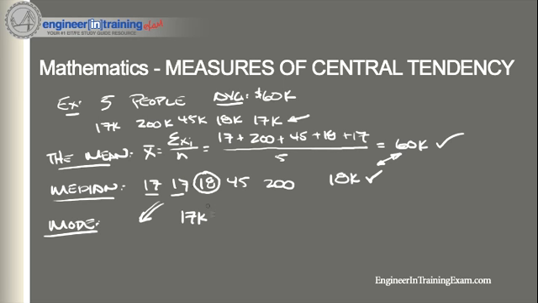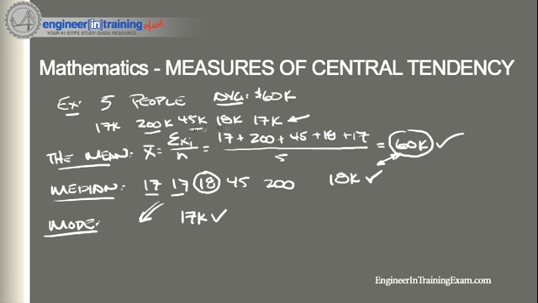Technically, yes, the recruiter is being honest because the average annual income is $60,000. However, through observation, we can see that of the three measures of central tendency, 60,000, 18,000, and 17,000, the median is the most representative of the given data. So we conclude that the mean is inflated by the two higher salaries of 200,000 and 45,000.